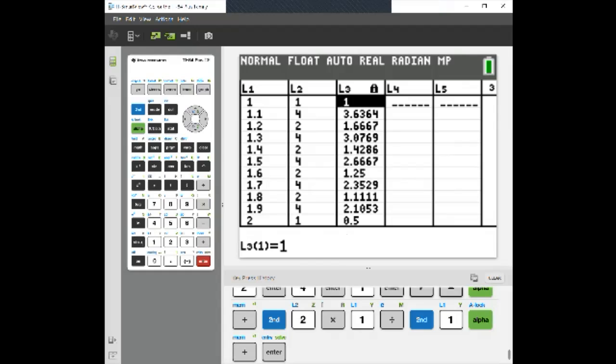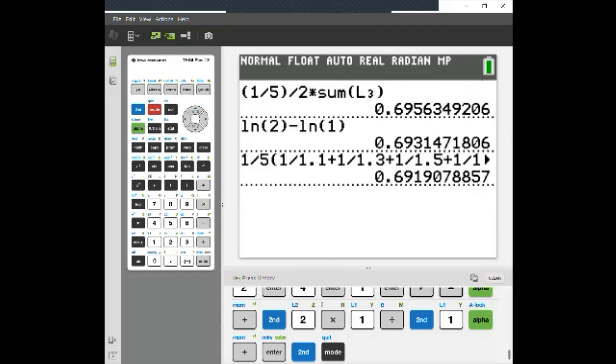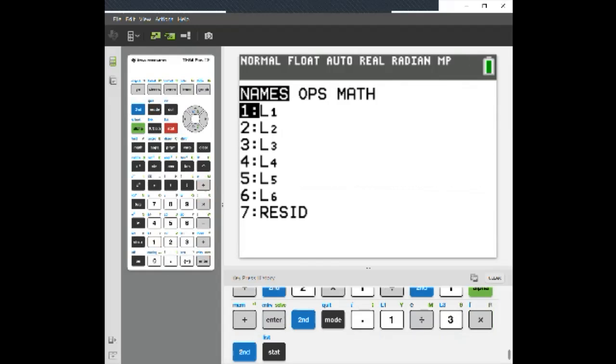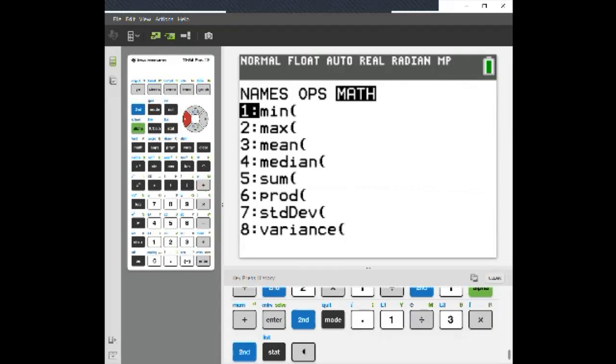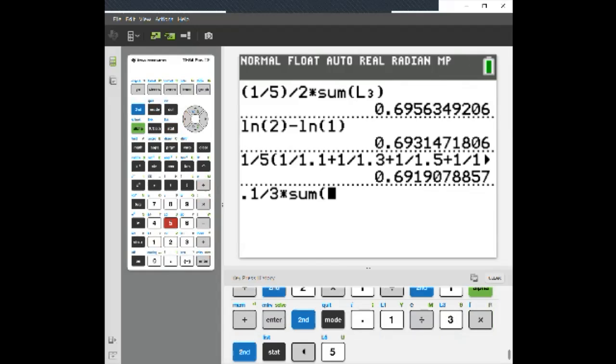And so for Simpson's rule, it's my delta x divided by 3 times the sum. So go second stat over to math, option 5. Make sure we do L3.